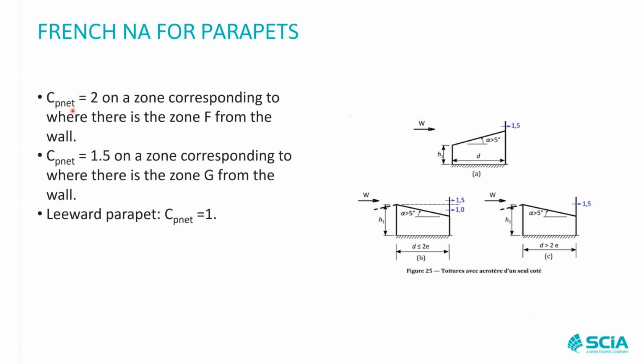So if you are in France and you are using the French annex, it will be applied automatically based on the settings of the annex. That was all from my side related to the generation of wind loads and usability.